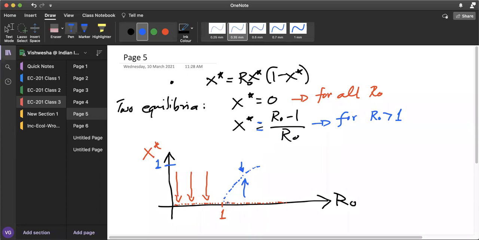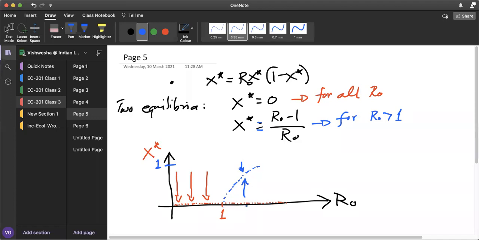Let's be more specific. R0 greater than 1. It never went extinct. You would have reached the red line if you had chosen X0 equal to 1. Absolutely right, very good point. And there is one more way you can reach the red line. What was that? If you start with 0, right? There are only 2 ways you will reach this red line for R0 greater than 1.